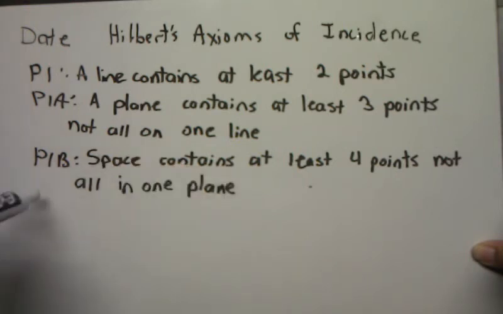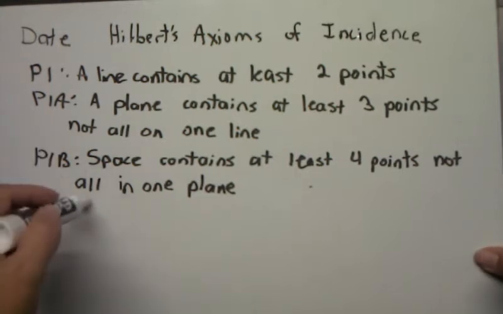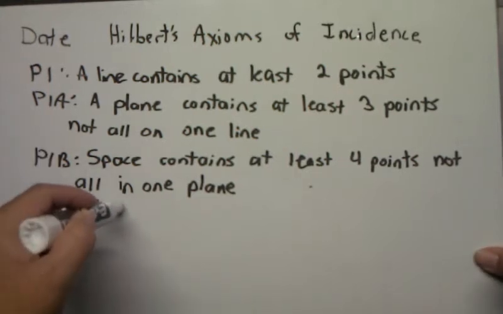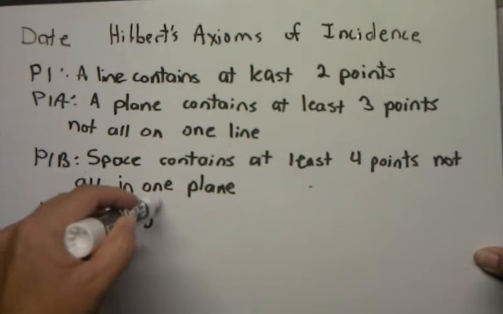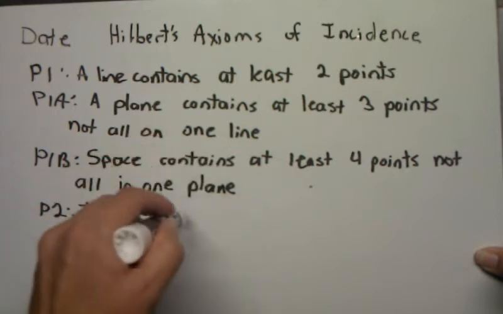Okay, postulate 2. Through any two different points, exactly one line exists. You would think that would be a fact, but it's just a postulate.